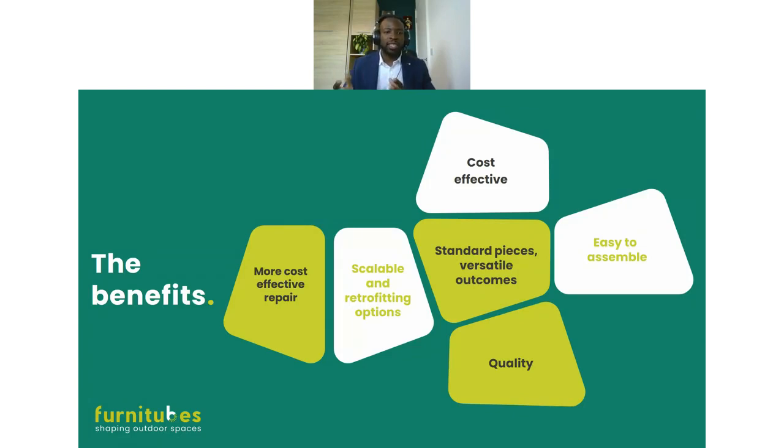The standard pieces can create versatile outcomes. It is easy to assemble, so installation is a lot cheaper and quicker. And we can guarantee the quality of what's been installed as well, because these standard units have been used time and time again, even though they're in different arrangements.